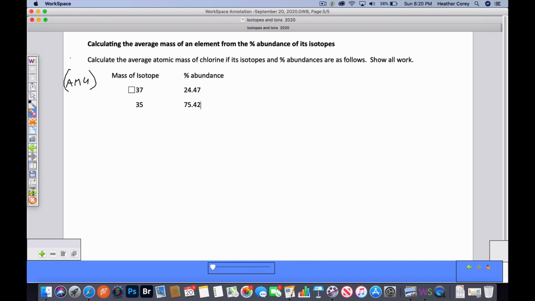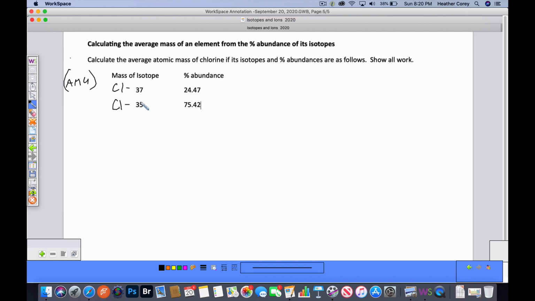So when I'm looking at this here, it tells me that 24.47% of my chlorine isotopes are chlorine with a mass of 37. Okay, that's what that's telling me. And it's telling me 75.42 of those are chlorine 35.